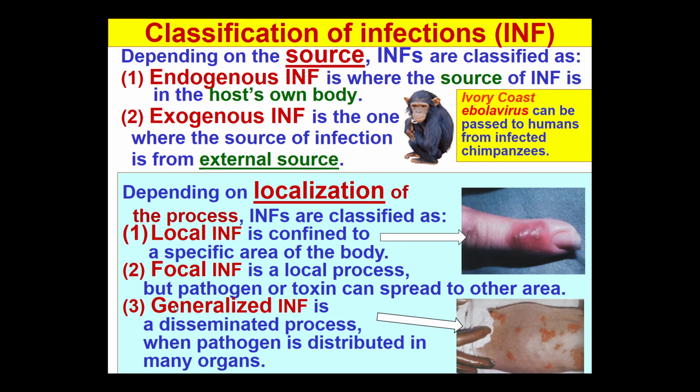Local spreading of the disease is happening. And generalized infection. Generalized is a disseminated process when pathogen is distributed in many organs, usually distributed via blood. It means bacteremia, or toxemia. This is a condition required for formation of generalized infection.